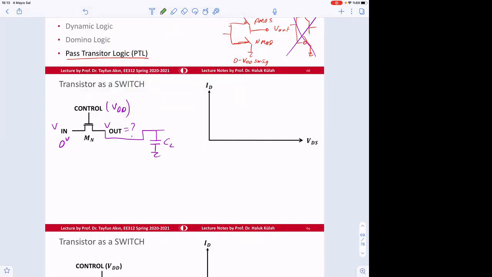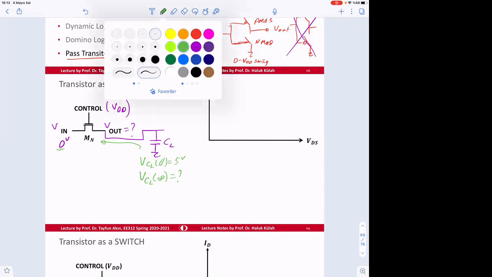So if there was, let's say, initially VCL at 0 plus equal to, I don't know, 5 volts, okay? What happens to VCL at infinity with this case? So the capacitor will be discharged through here because this is ground.